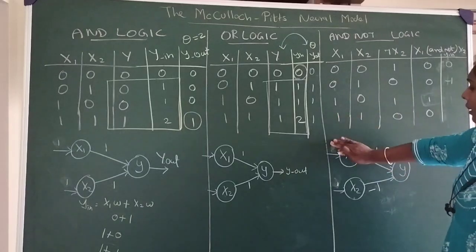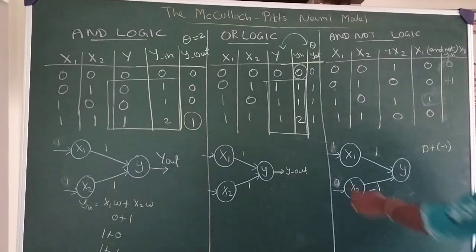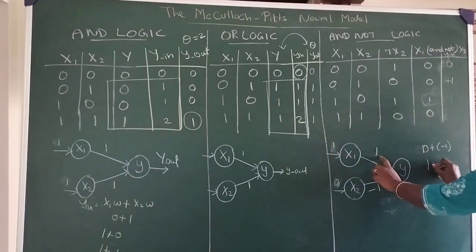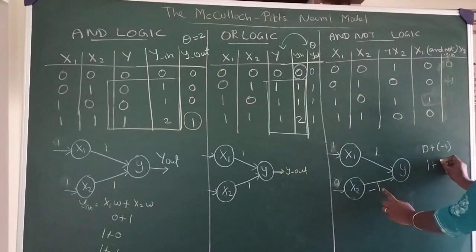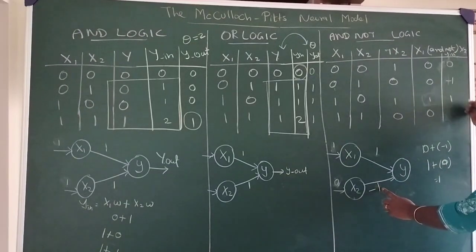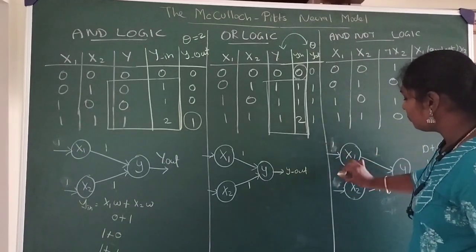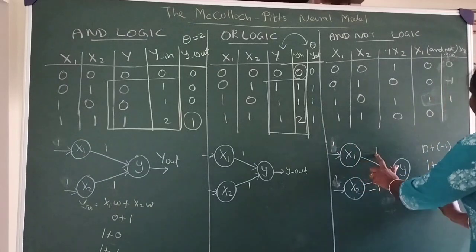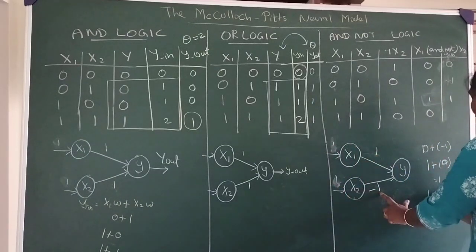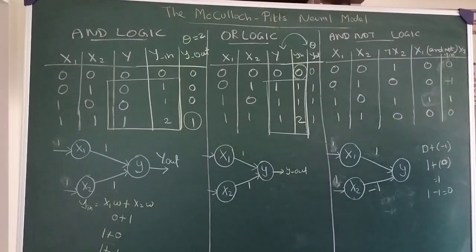For the next input, 1, 0, 1 into 1 is 1 plus 0 into -1 is 0, so your output is 1. And for the last one, 1, 1: 1 into 1 is 1, 1 into -1 is -1, and the output is 0.